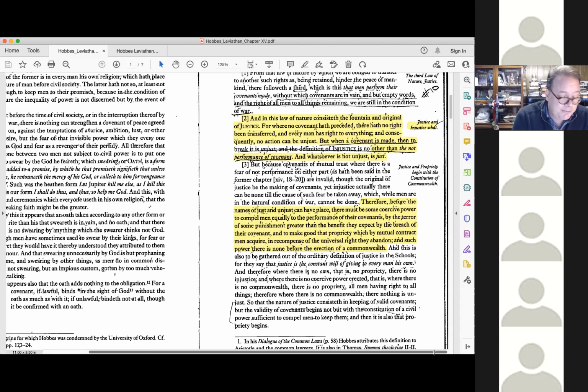Crooks get away with stuff. They do get away with stuff. And they hope to get away with stuff. I mean, obviously, when a crook robs a bank, they're hoping they're not going to get caught. What's going to discourage them from even trying? Well, it has something to do with the fear of death.